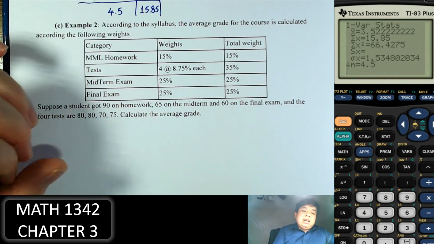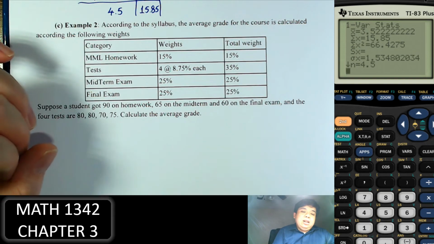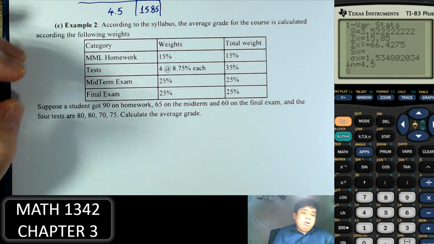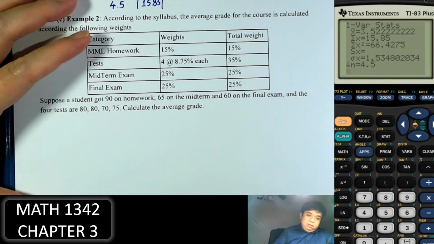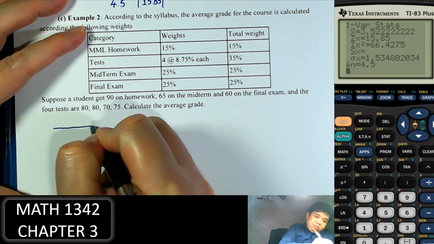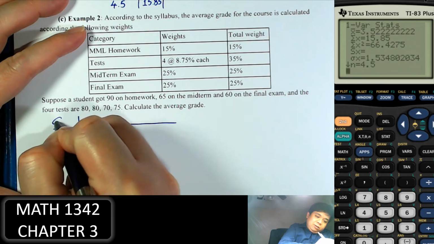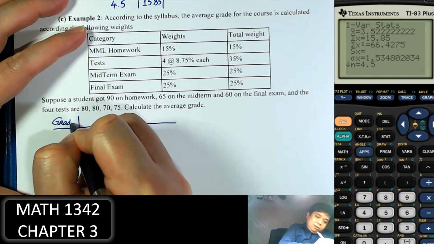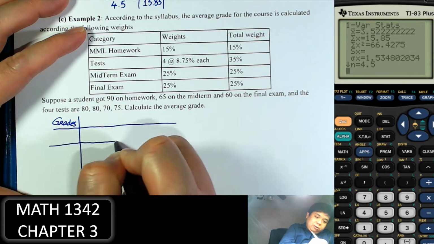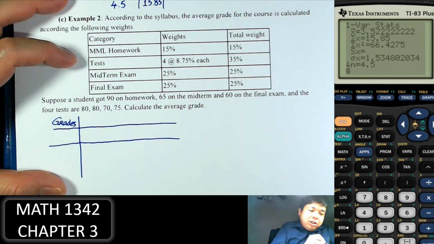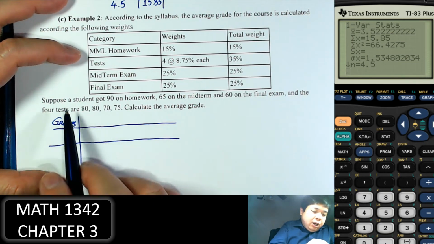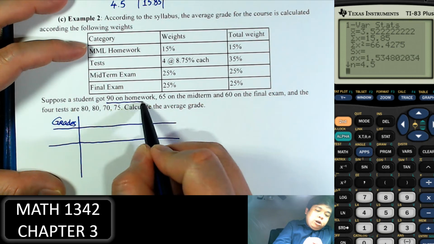Let's say if we have that, calculate the grade. Okay, this is the grade. All right. 90 on homework.